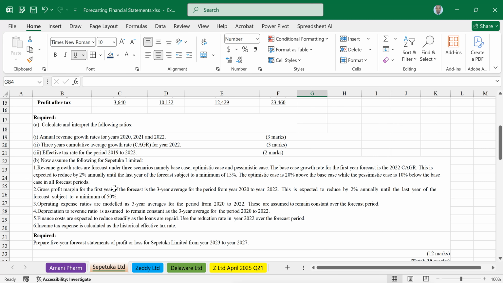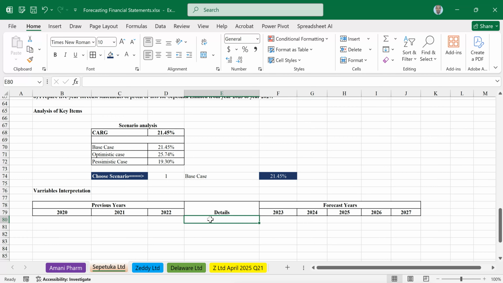This is expected to reduce by, so that is revenue growth rate, I believe. The first one, in the first year of forecast, is the 2022 CAGR. So this will be revenue growth rate. First detail is revenue growth rate.